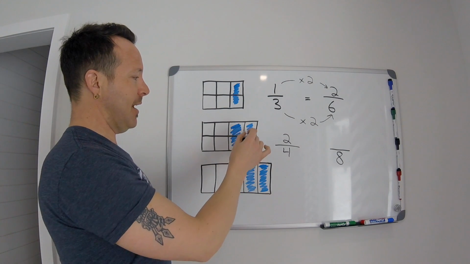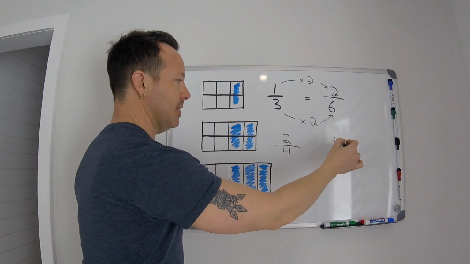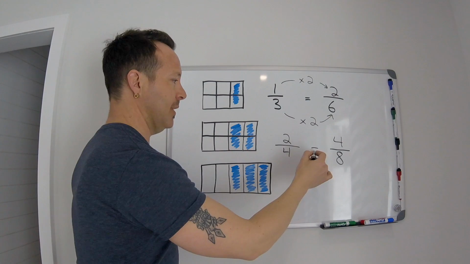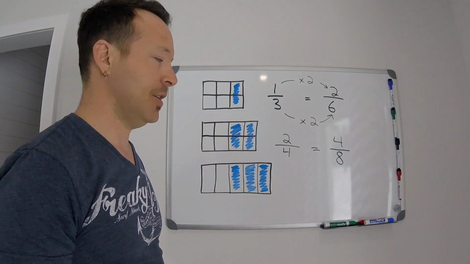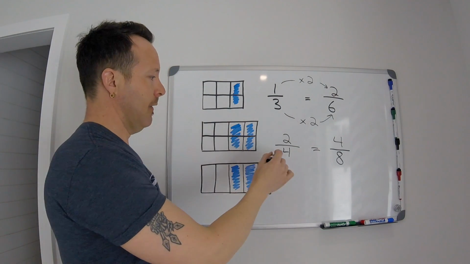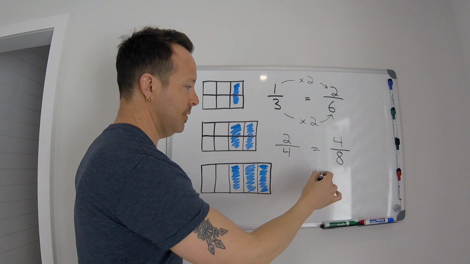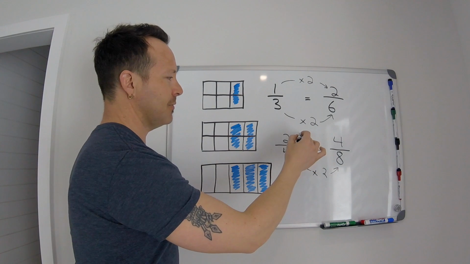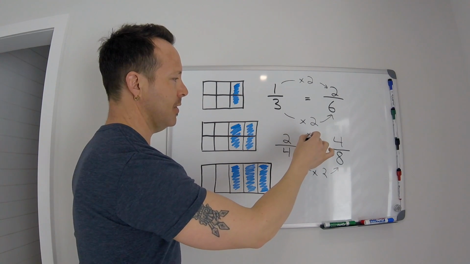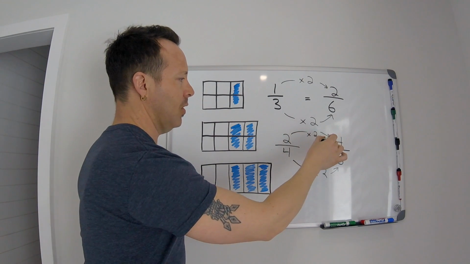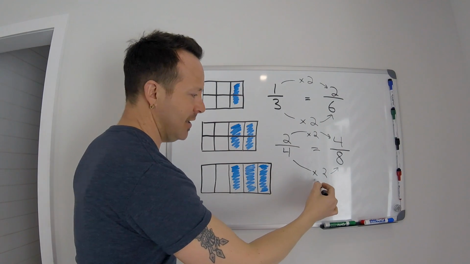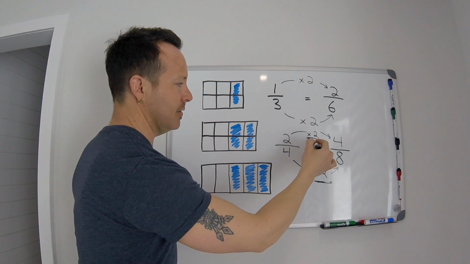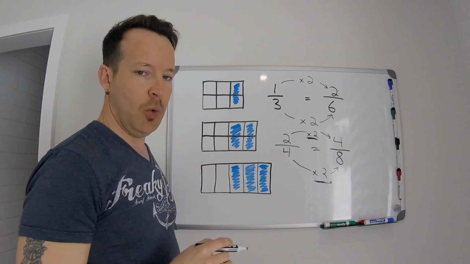And we can see that now 4 of these are shaded in, and we can say that those are equivalent fractions, they're equal. Well, 4 times 2 is 8, and 2 times 2 is 4. So whatever I did here, I do here, okay? That'll work every single time.